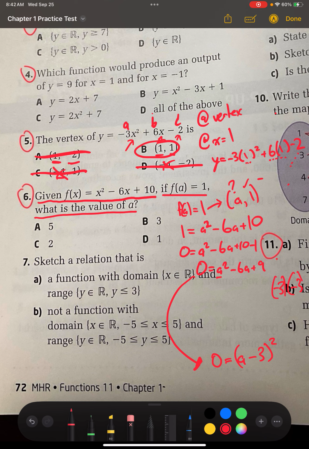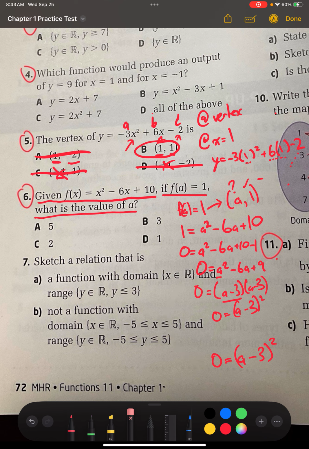If I multiply them, I get 9, but if I add them, I get minus 6. So you can factor this: a minus 3, a minus 3. And what is that equal to? That's equal to a minus 3 squared, right? Which is what I got here.